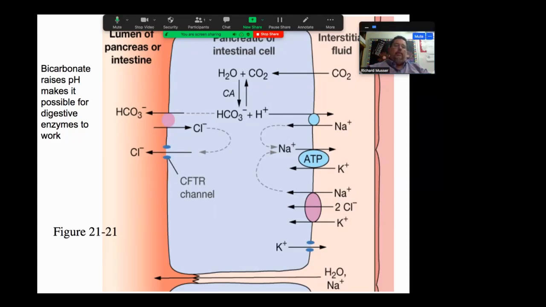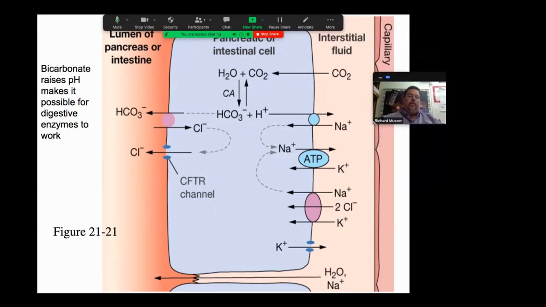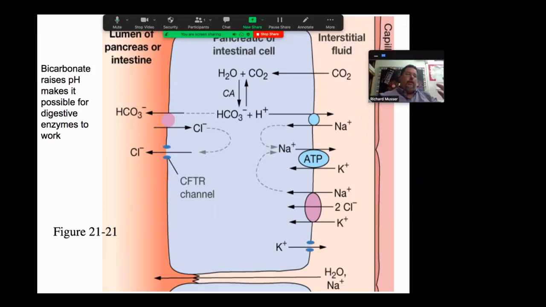And as I mentioned before, when you break down nutrients like sugars in the mitochondria, carbon dioxide is built up. Some of that carbon dioxide you obviously breathe out. Some of it, you can see how it's closely associated with the capillaries, can enter into the pancreatic cell and be converted from carbon dioxide and water into bicarbonate using the enzyme carbonic anhydrase.